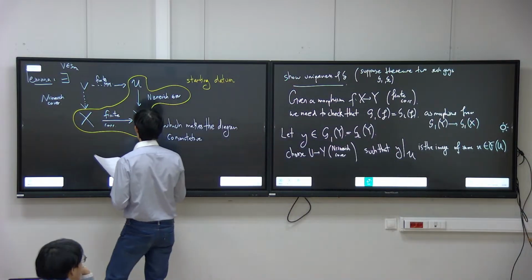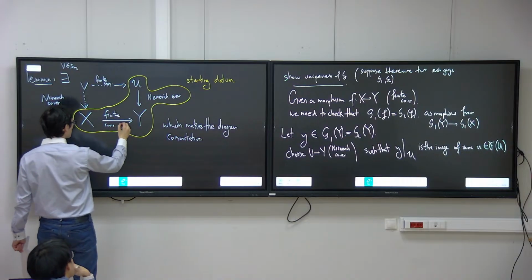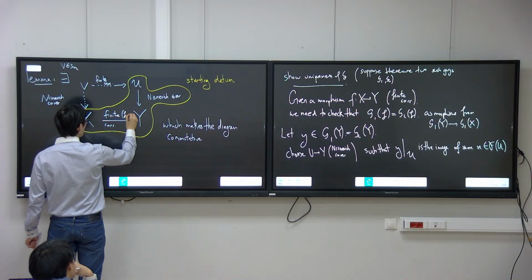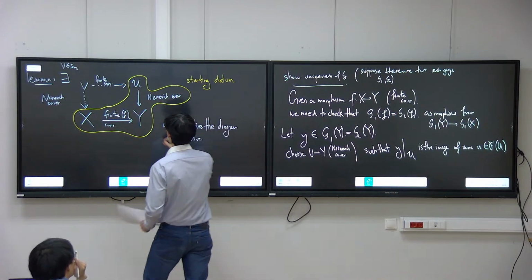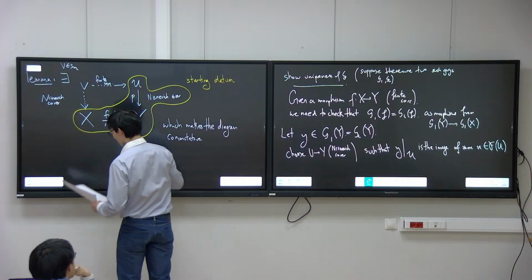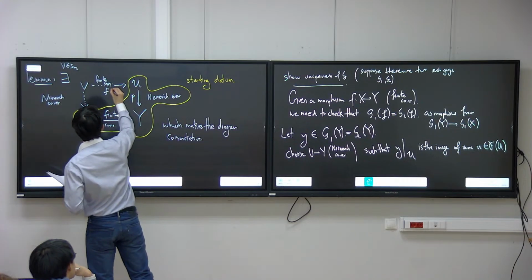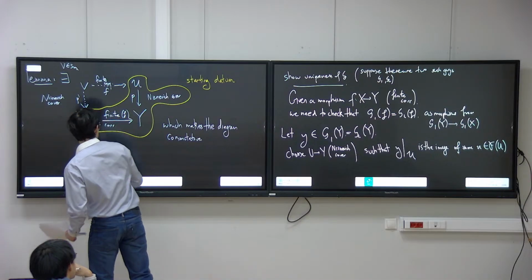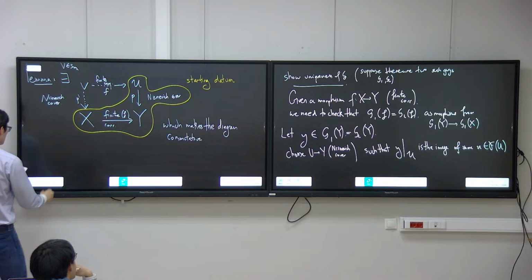So let's call this map F, and let's call this P. Let's call this F prime and P prime. Then we can make the following computation.